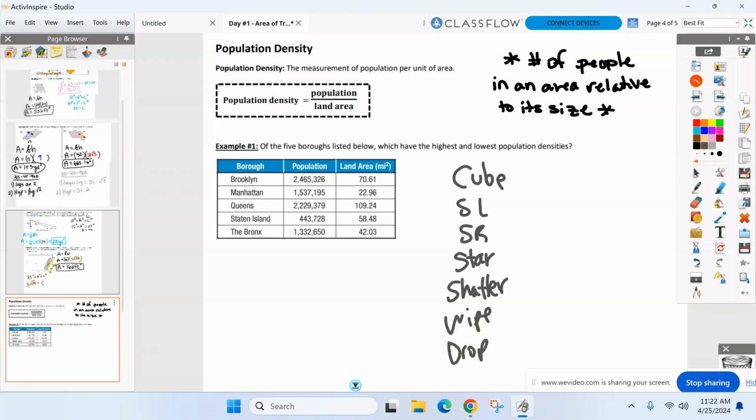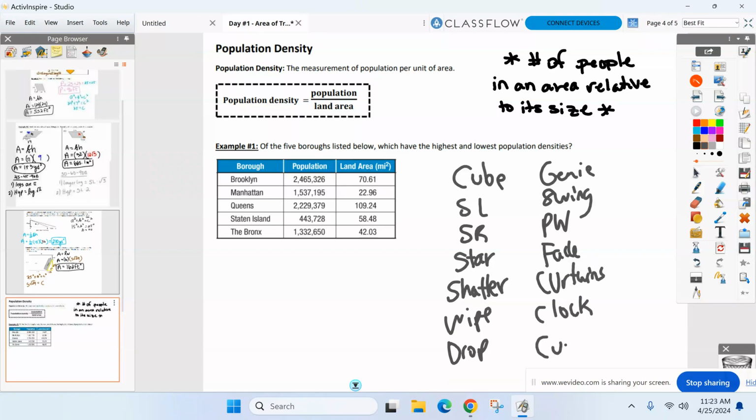Genie. Curtains. Clock. 15. 16. Spin. 17. I think we're good, right? Cube.